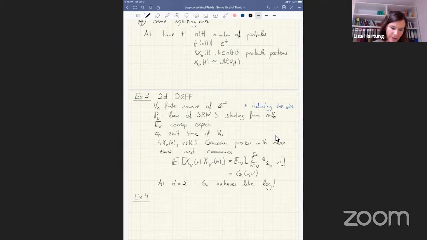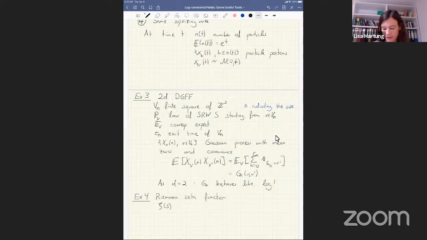And one of them, which I would like to mention, is actually the Riemann zeta function. And of course, there it's a bit more work to see why it should be log correlated. So what is the Riemann zeta function?